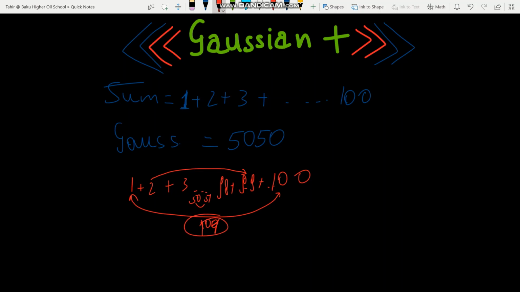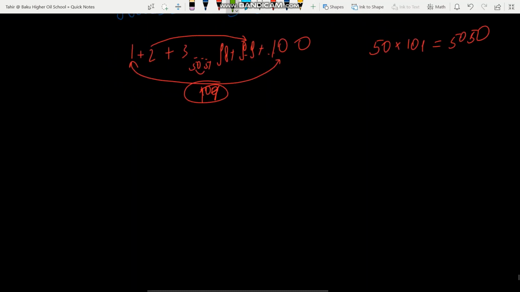And we have 50 pairs, 50 number pairs here. Therefore, the answer will be 50 multiplied by 101, so it equals 5050. The answer was correct. But let's write this theorem in a more general way and prove it again.